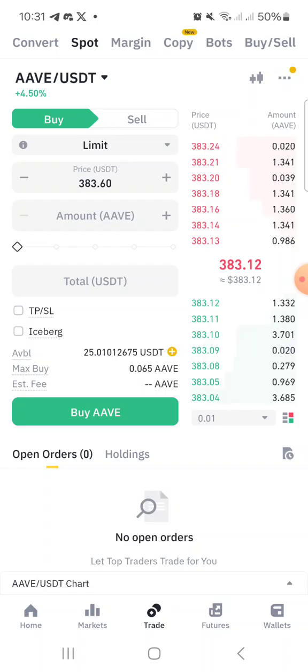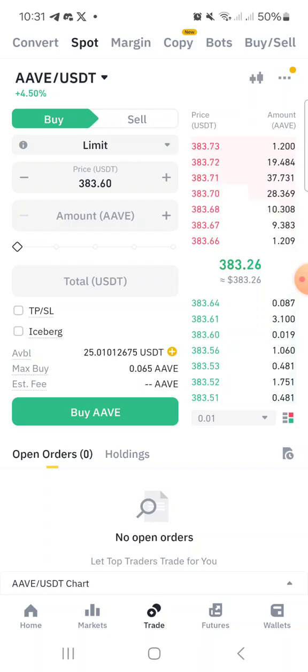Then we identify the price action at resistance level and we sell there. The difference is profit for us. So always wait for the market to come to you, and you buy at support and sell at resistance. That is a key that we don't want to miss.